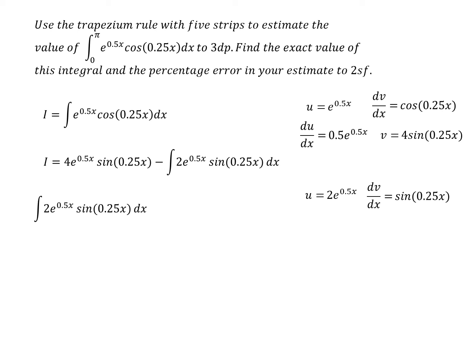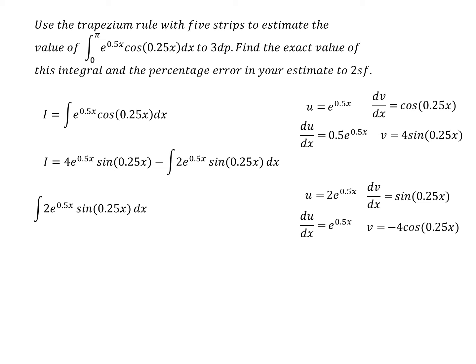So there's my choice of u and dv/dx. If u is 2e to the 0.5x, then du/dx is just e to the 0.5x. And similarly to above, if dv/dx is sine 0.25x, v is minus cos 0.25x divided by 0.25, which is minus 4 cos 0.25x.